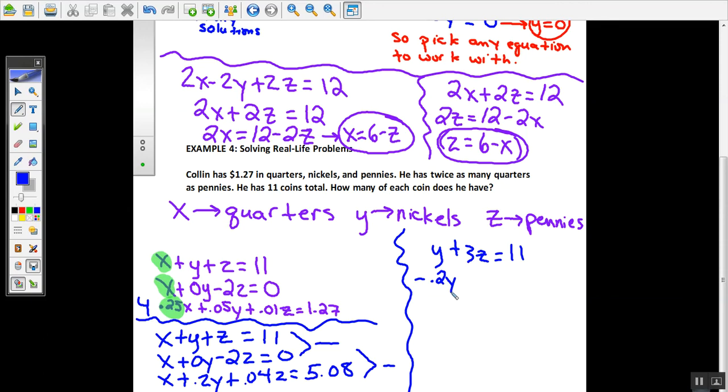Negative 2z minus 0.04z. And then 0 minus 5.08, kids. Zero. Yep. Okay, we're getting close on this. We're down to two equations, two unknowns.